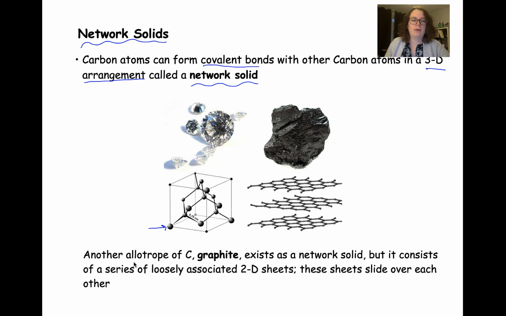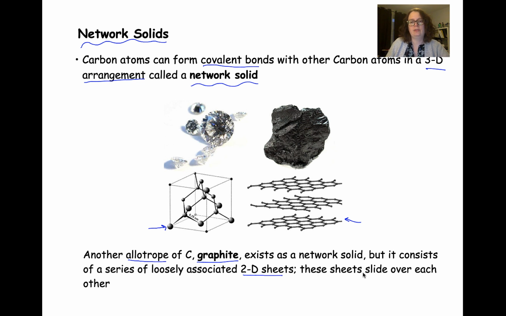An allotrope of carbon is graphite. In graphite, all of these atoms are attached through covalent bonds, but they have a slightly different arrangement in 3D space. Graphite forms flat sheets that are loosely associated in 2 dimensions on top of each other.